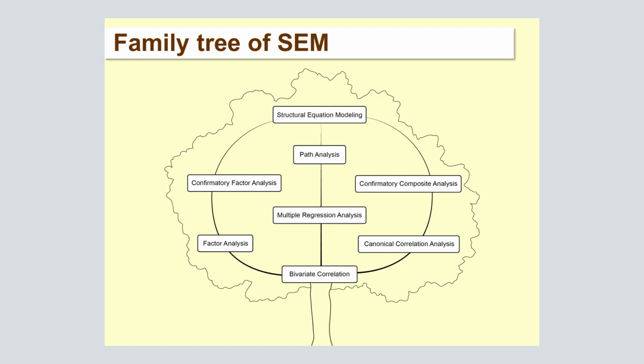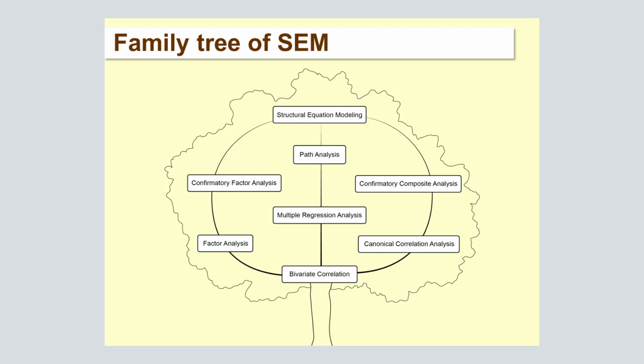It all goes back to bivariate correlation as a measure of linear relationship between 2 variables. The left branch characterizes psychometric research, in which factor analysis and later confirmatory factor analysis have been developed. The middle branch characterizes the econometric development, where multiple regression analysis was developed and then later path analysis.